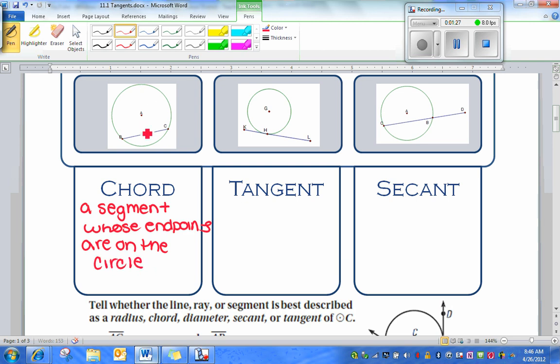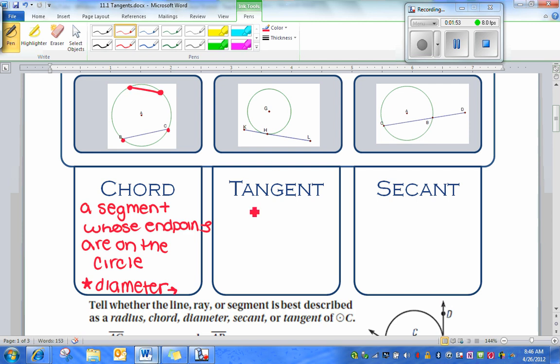So pretty much any segment that I draw where, see how in B and C, they're on the edge, that's a chord. There's a special chord that you all know, which is the diameter. What makes the diameter special is that it goes through the center. So those are chords, and you can draw any type of chord you want in a circle, and we'll learn about special properties of those.